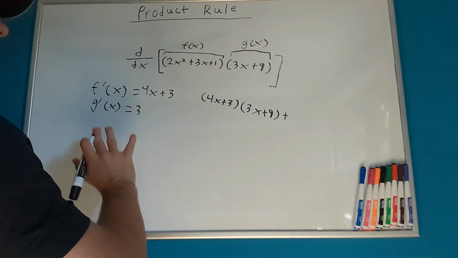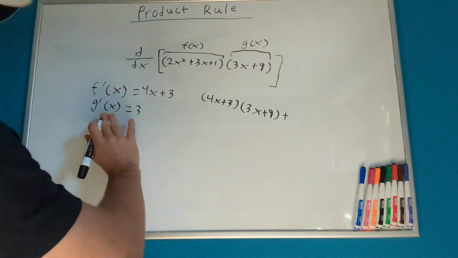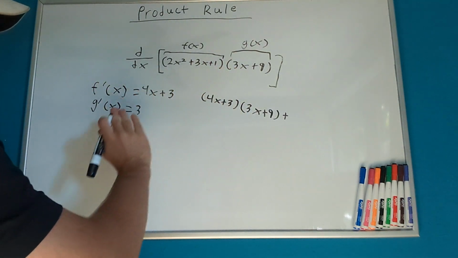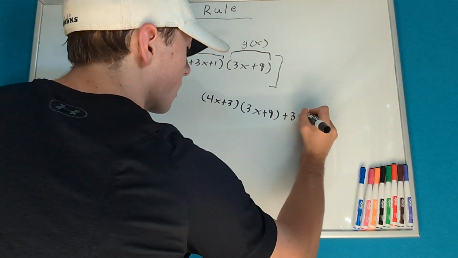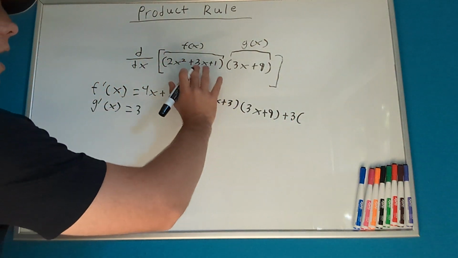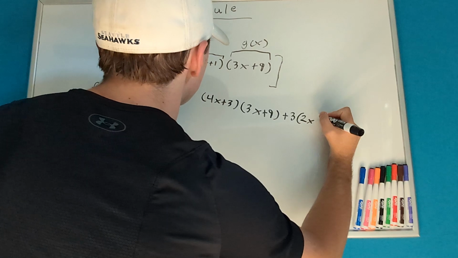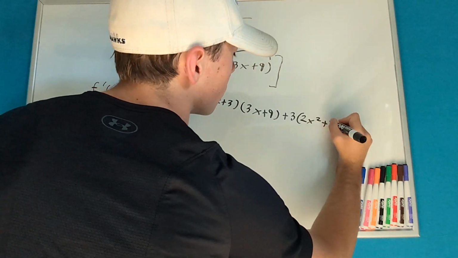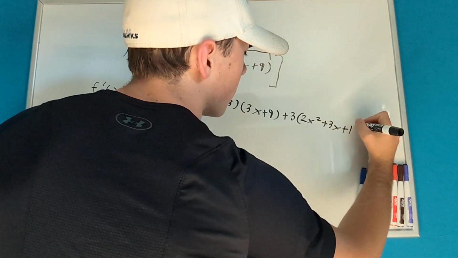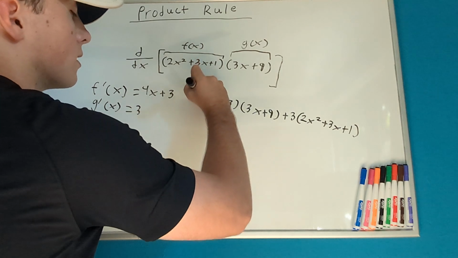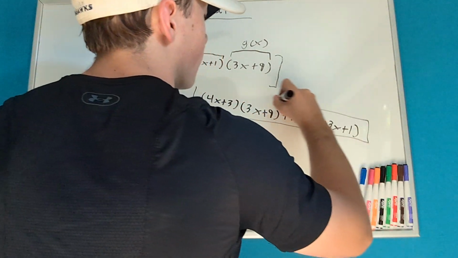Well, we want to take then just g prime of x, so the derivative of this, which is 3, and then multiply it by just f of x. So 2x squared plus 3x plus 1. And here is our derivative of this.